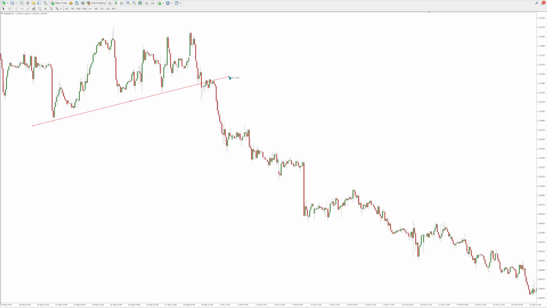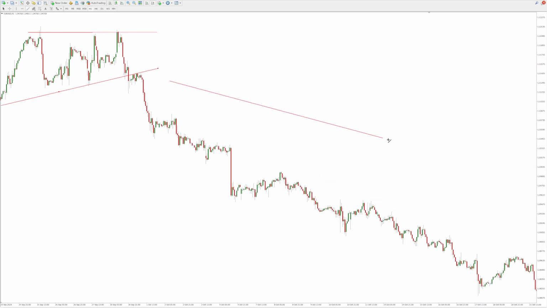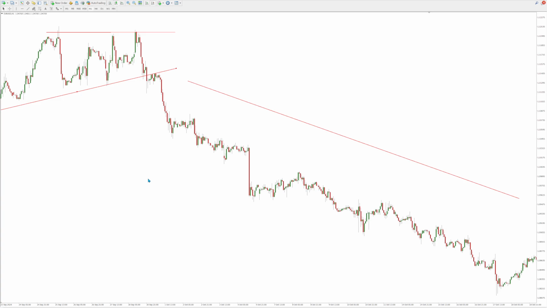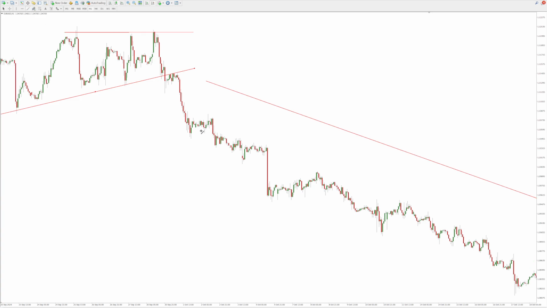Okay. Support, resistance, market's trending down. That's it. That's all we really need to know. And we just need to time our entry. There you go. Support, breakout. Okay. Support, breakout.